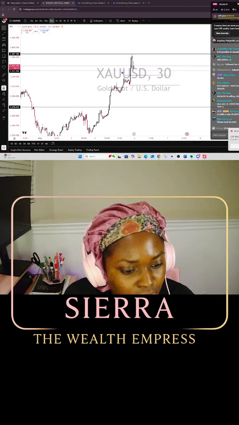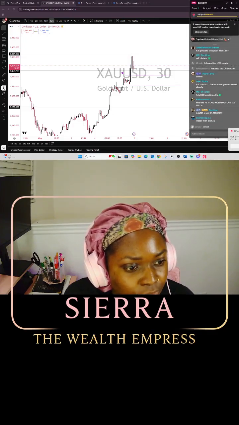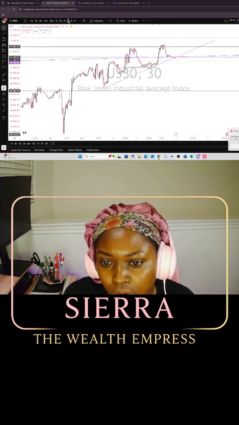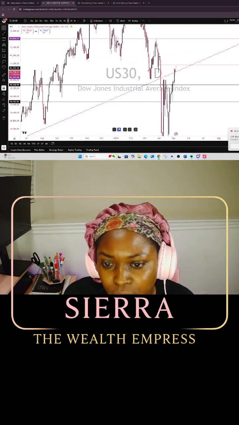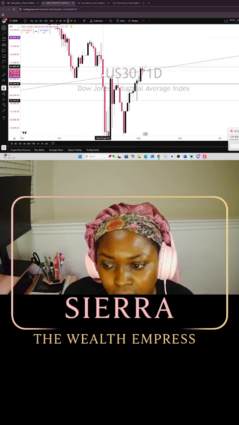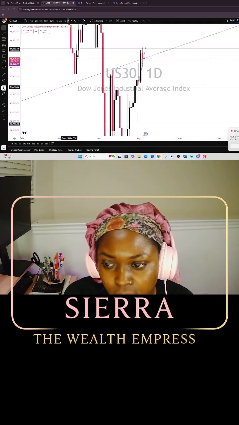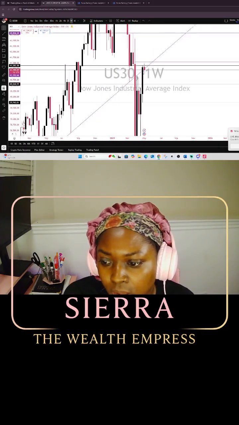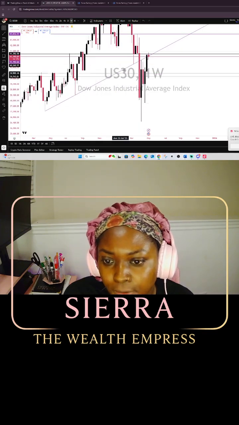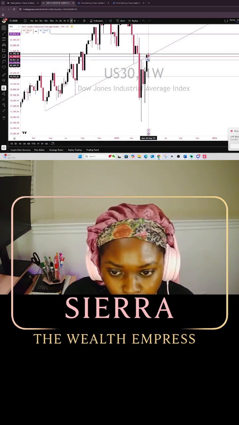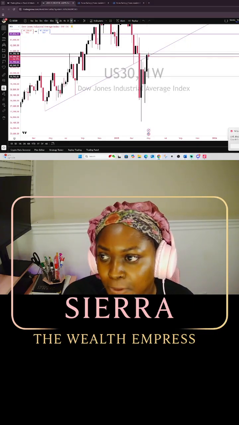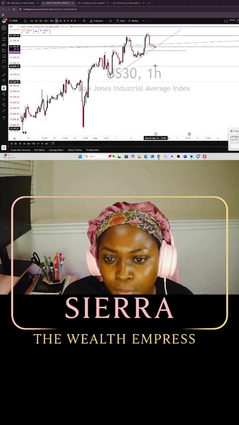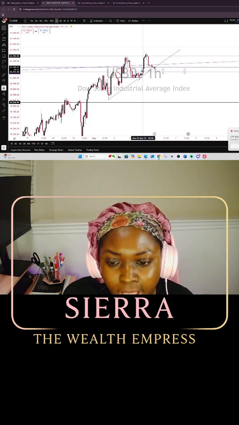I'm not sure. US 30, what we're looking for on US 30. Price is currently sitting in 50% of this fair value gap here on US 30, and it's sitting on this weekly trend line. I'm waiting for price to get to this fair value gap.